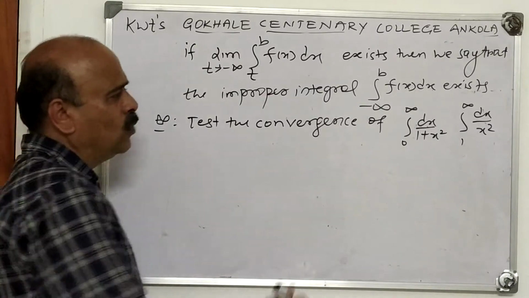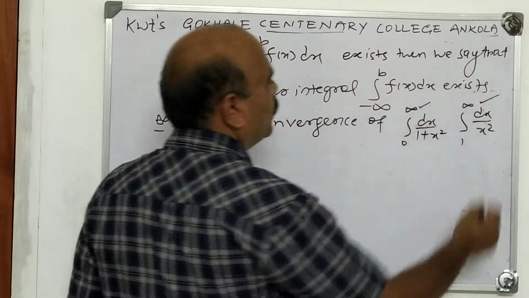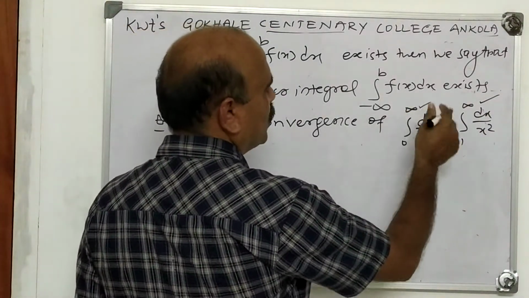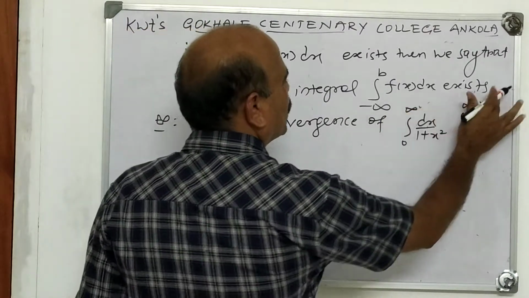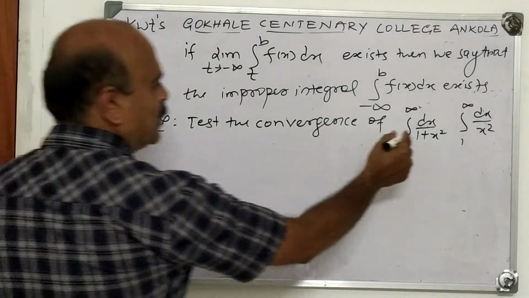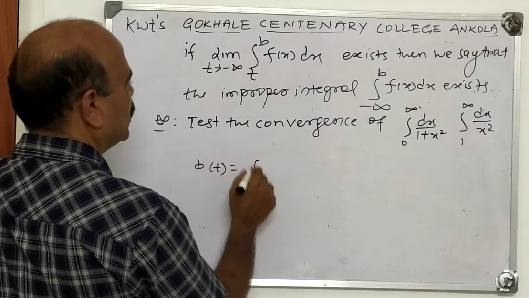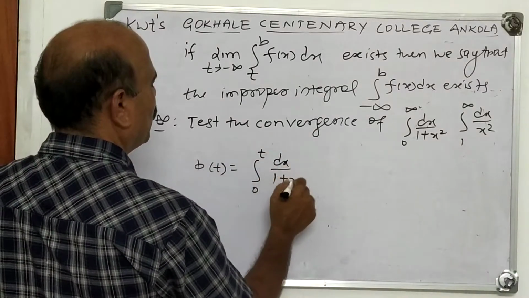And how do we test the convergence? Now these two are improper integrals of the first kind, converging at infinity. When we say that this converges, we write phi of t is the integral 0 to t dx by 1 plus x square.